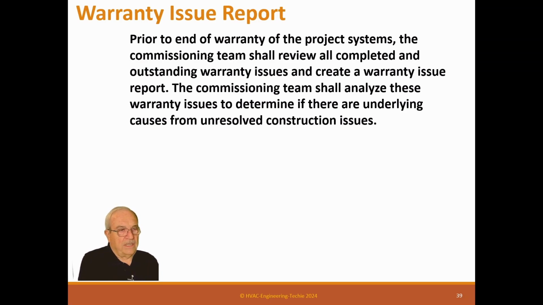Now, this sounds like it would be hard, but it's actually really easy. When you get to 10 or 11 months, you actually call the general contractor and ask him to share with you his warranty issue log. He has one. He keeps one. All the warranty work they do, he keeps track of all of it. He gives you a copy of that, and you just simply put it in a report. And maybe there's some other things that you put in there, but basically it's really simple to do.